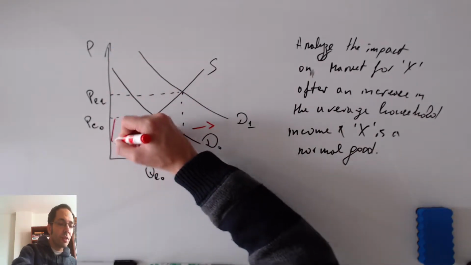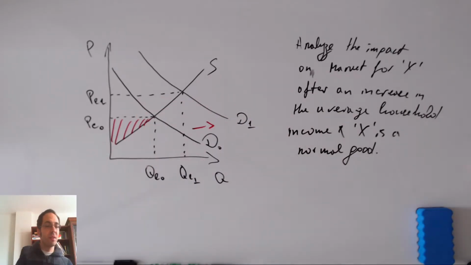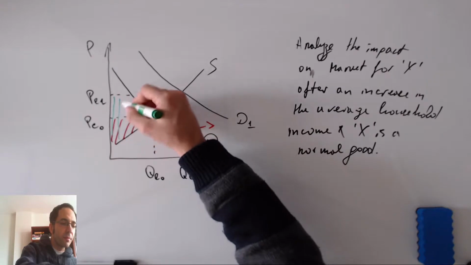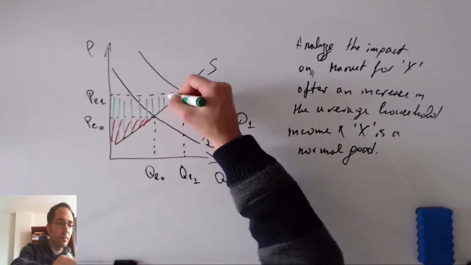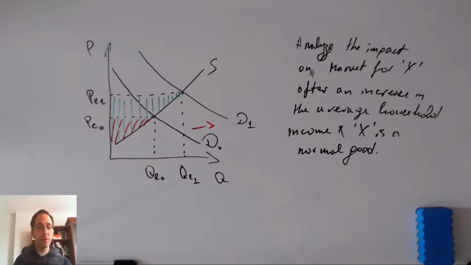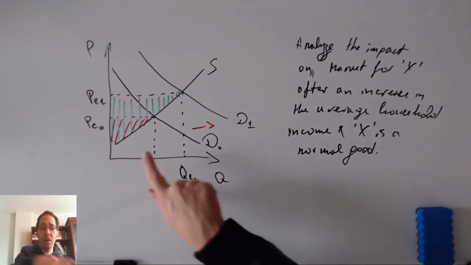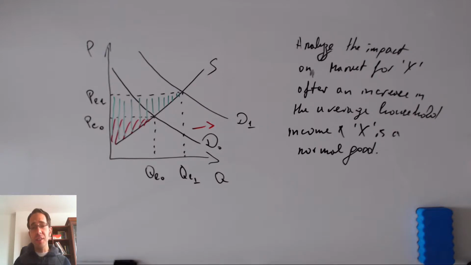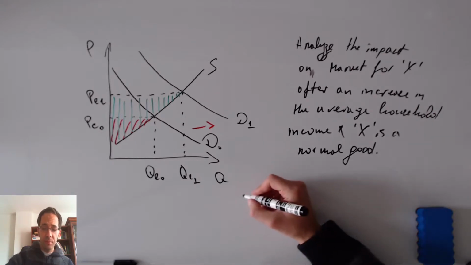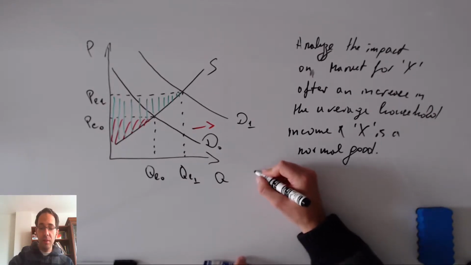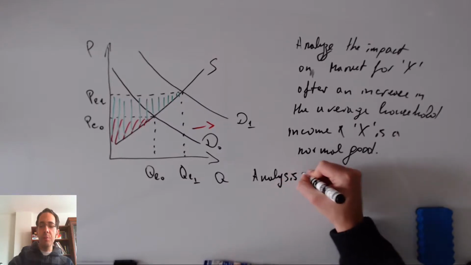We can look at the old producer surplus, which is this triangle here, and then we can look at the new producer surplus, which will be, let me just use the green one, like this. So clearly, because of this situation of the rising demand, the producers are better off. Okay, so let's say over here I'm going to have analysis, and I'm going to just put it as bullet points.